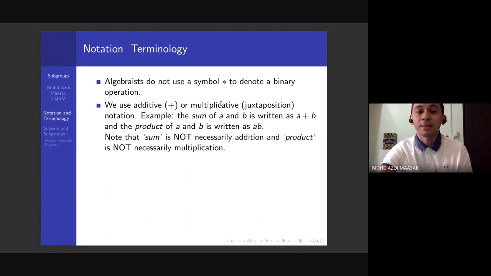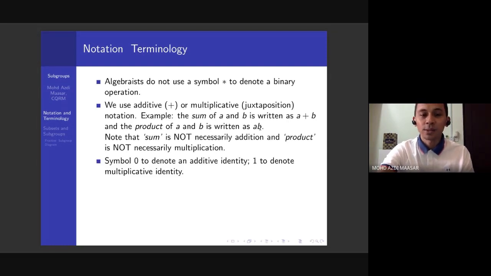So it is safer for us to use multiplicative notation instead of additive. It also means that multiplicative notation can be used for any binary operation, while additive notation can only be used for commutative binary operations. That's why I said multiplicative notation is safer. It's safer to write our operation as this, juxtaposition. Those are the notations for the binary operation.